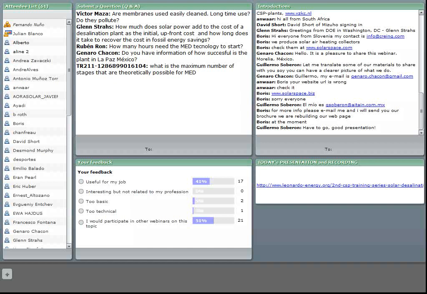But considering practical applications, 8 to 10 could be reasonable, maybe 11 maximum, because to increase the number of stage effects, you are increasing the investment. So there is a balance between the investment and the efficiency.